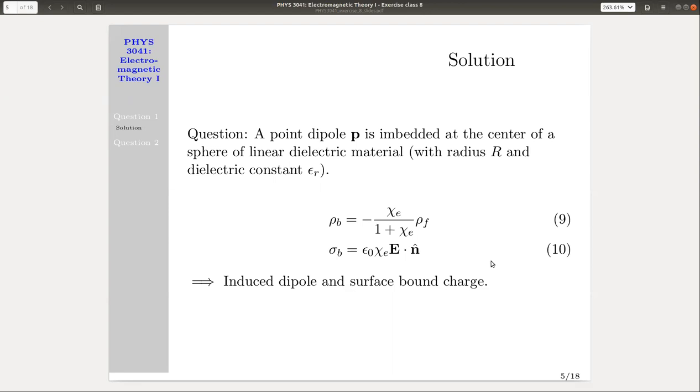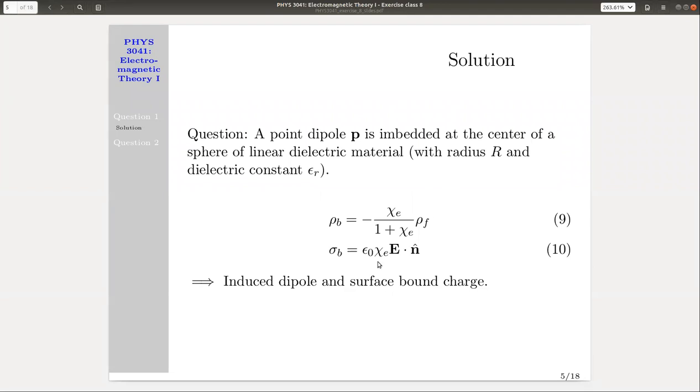The charge densities of the bound charge and the free charge are proportional to each other, and therefore their dipole moments will also be proportional to each other. The point dipole itself and the induced point dipole, their dipole moments will also be proportional to each other.